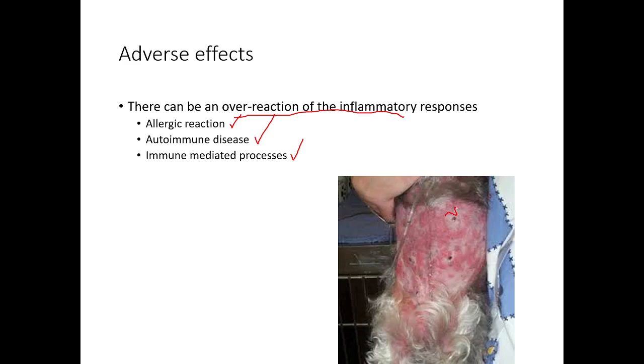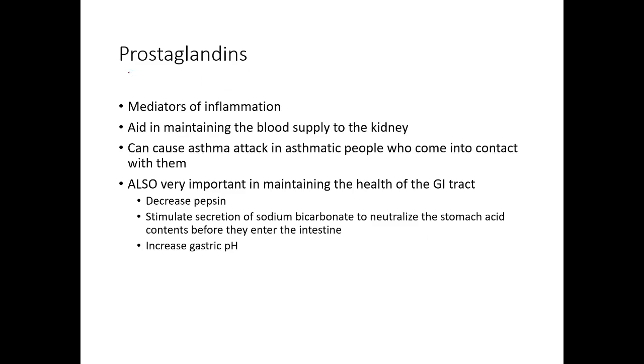Here is a dog having an erythematous reaction. Okay, see all this redness? Okay, it's reacting probably to penicillin or something like that, and its skin is just flaring up. We're having an immediate inflammatory response. That's an overreaction.